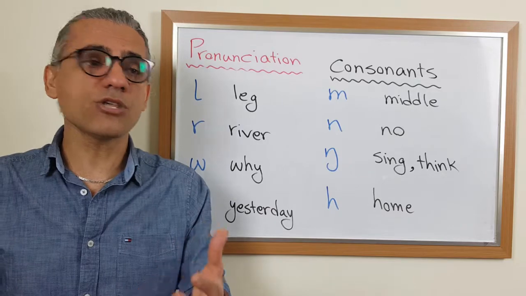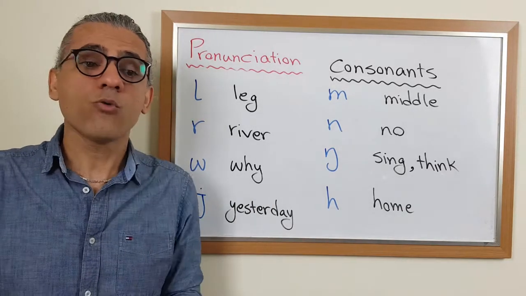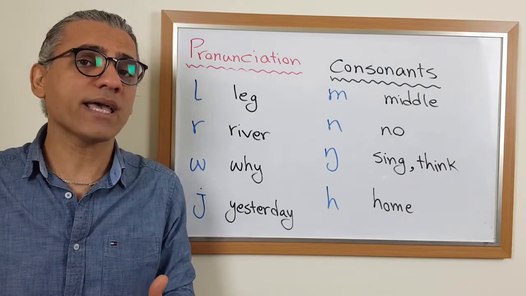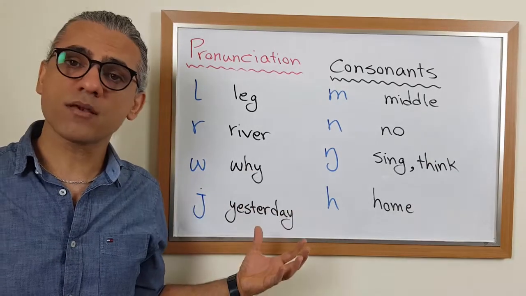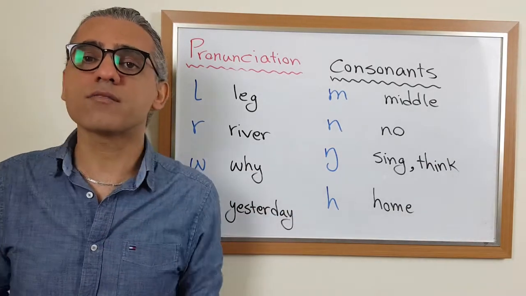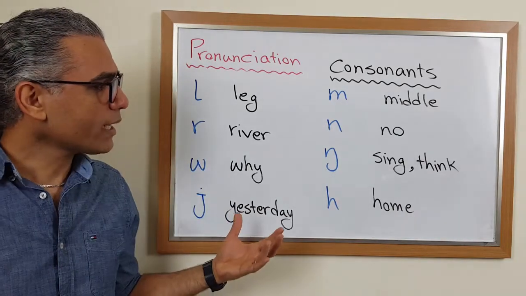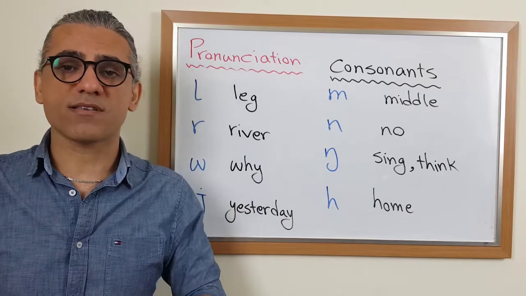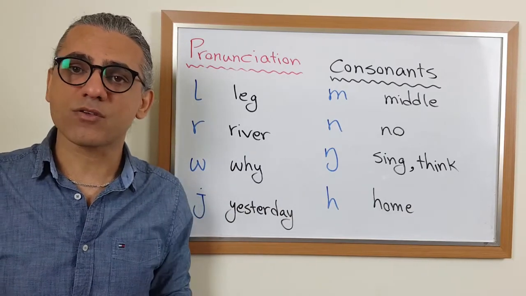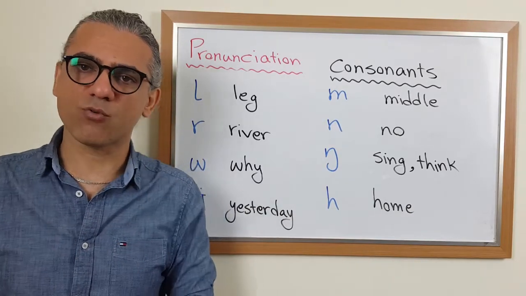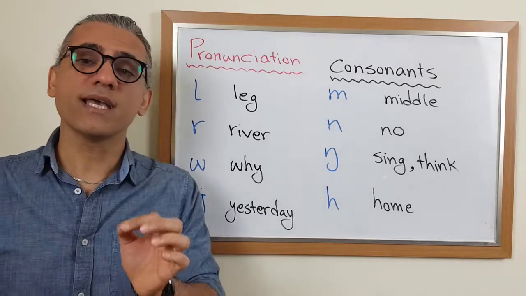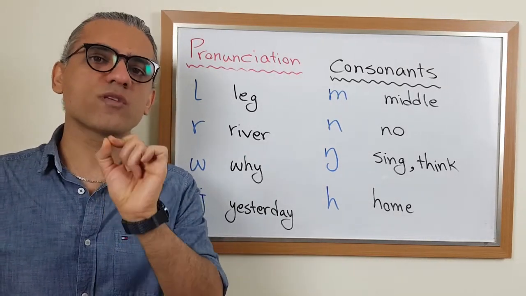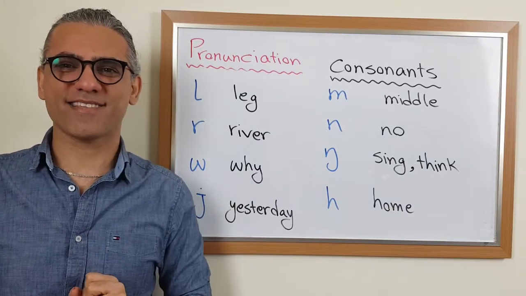A dictionary teaches you the pronunciation without the need of help of anyone else. You can see the symbols and you can pronounce the words yourself. And it gives you the form of the words, if it is a noun, an adjective, an adverb, and so on. It gives you the definition of the word, and it also gives you a sentence as an example of how to use this word in a sentence.